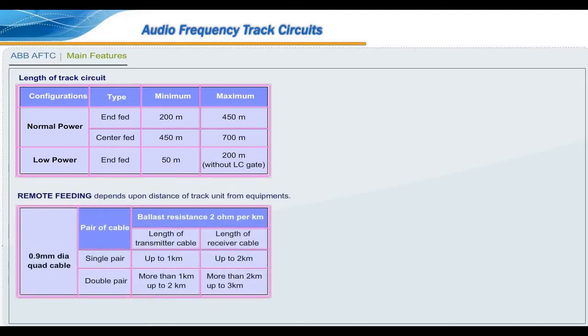Remote feeding depends upon the distance of the track unit from the equipment. For less than 300 meter, signaling cable can be used.